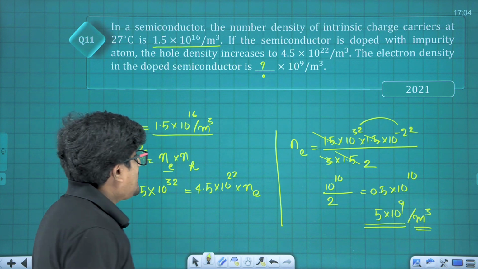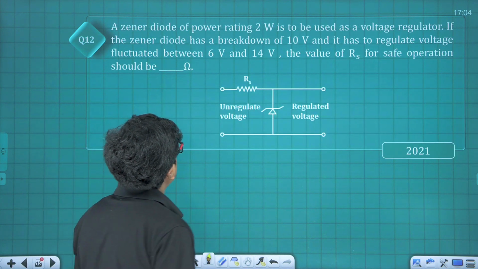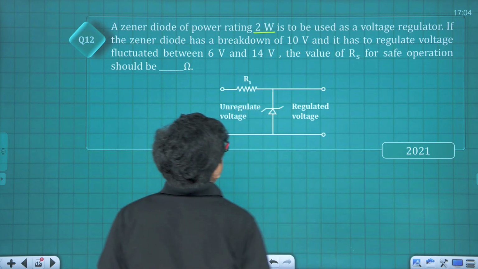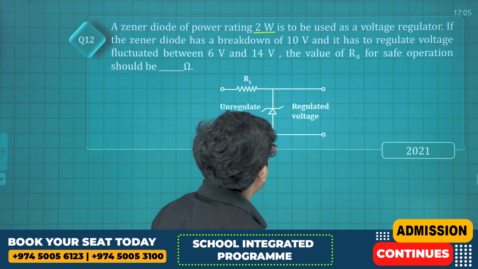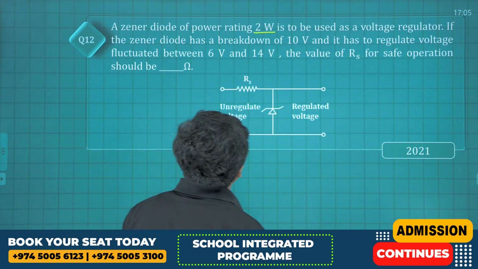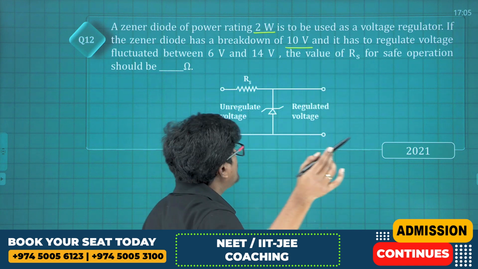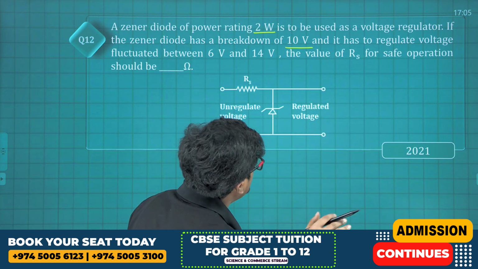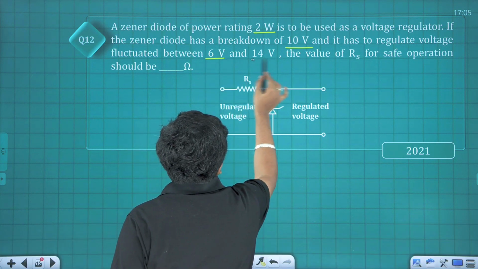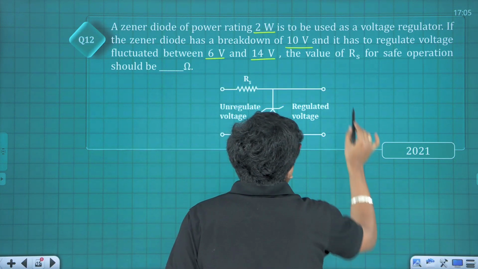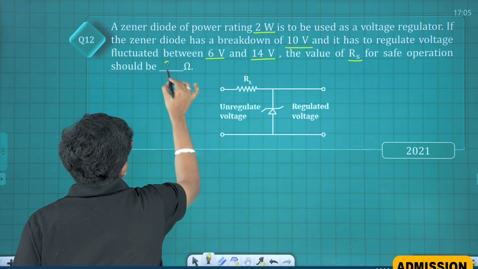Now let's move to the next, that is question number 12. A Zener diode of power rating 2 watt is to be used as a voltage regulator. If the Zener diode has a breakdown voltage of 10 volt and it has to regulate a fluctuation between 6 volt to 14 volt, the value of Rs for safe operation should be.